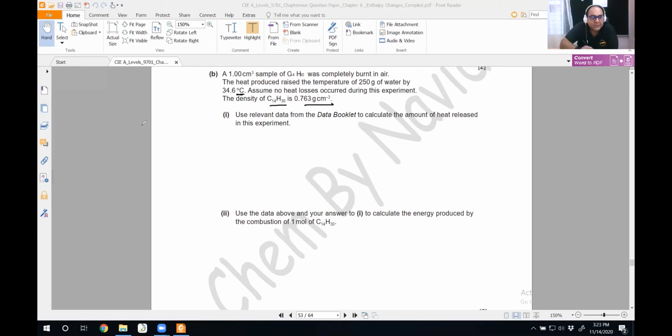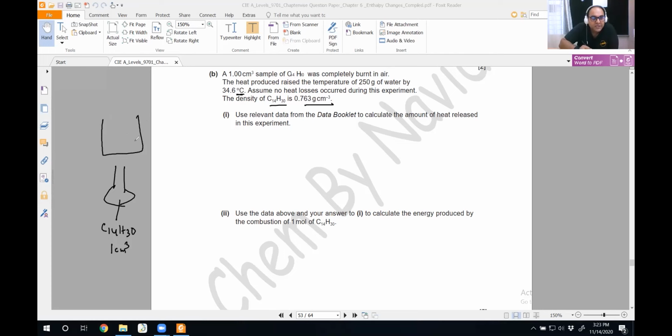So basically if we draw a diagram, the spirit lamp is made up of C14H30, right? And how much did we take? We took 1 cm cube of this. The heat produced raised the temperature of 250 gram of water.